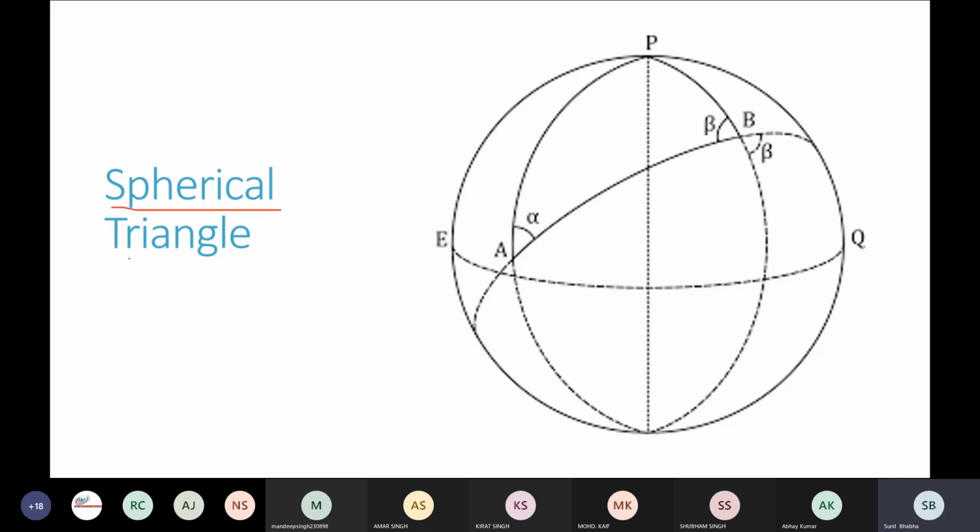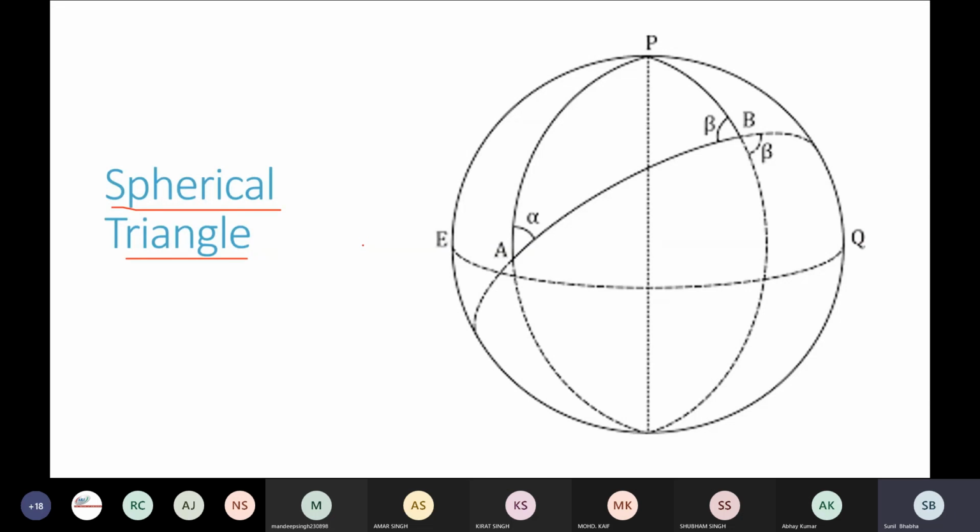A spherical triangle is a triangle on the surface of a sphere, all three sides of which are parts of great circles. Now, when we have a spherical triangle, there are some formulas which we use to solve that triangle. So let us see those formulas one by one.